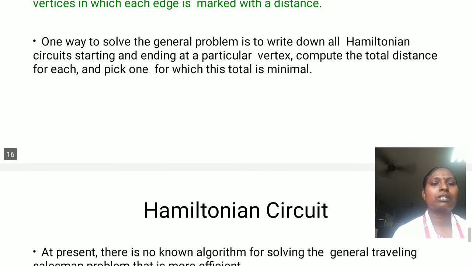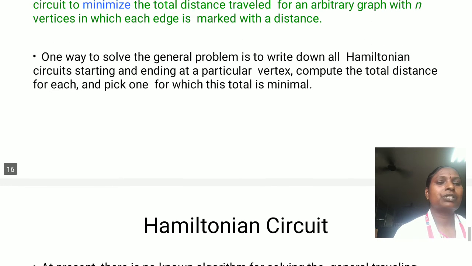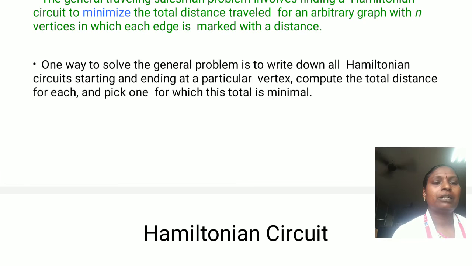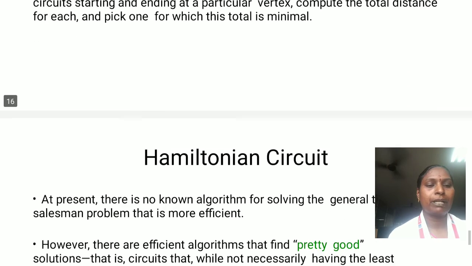One way to solve the general problem is to write down all Hamiltonian circuits starting and ending at a particular vertex, compute the total distance for each, and pick one for which this total is minimal.